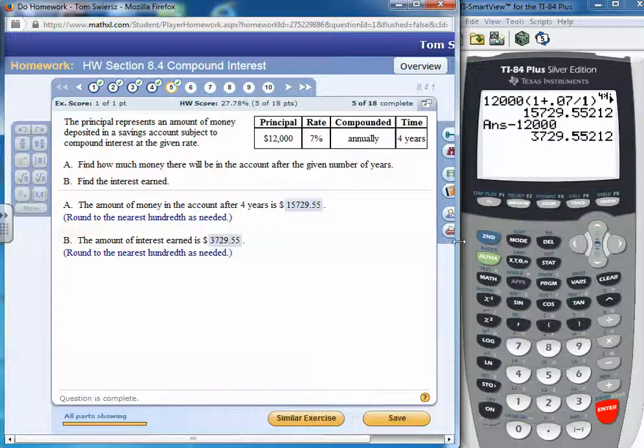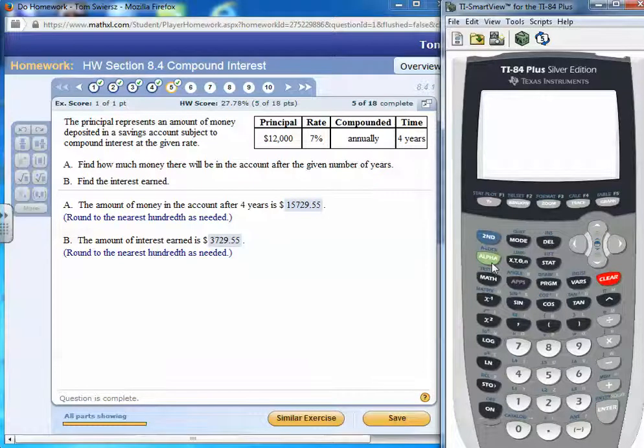Now, again, if you want to, you can also use your fraction key, those of you that have an 84, and you can put it in as a fraction. It might be easier to see here. If I do alpha F1, and I put it in as a fraction, well, actually, this one is just a numerator, so we don't need to do this one as a fraction. We'll just go ahead and do it this way, the other ones.